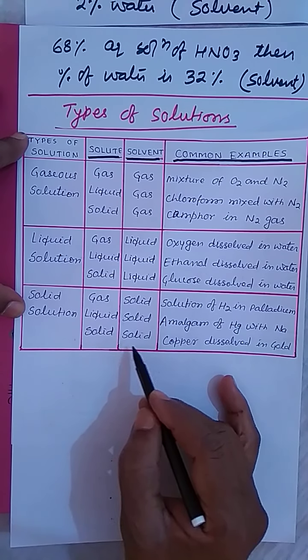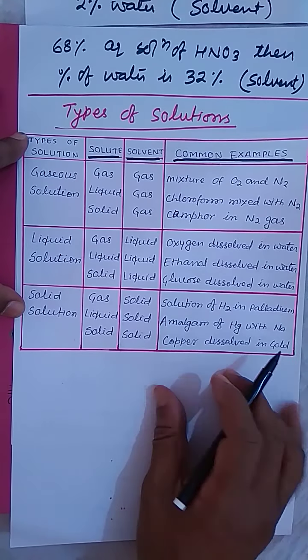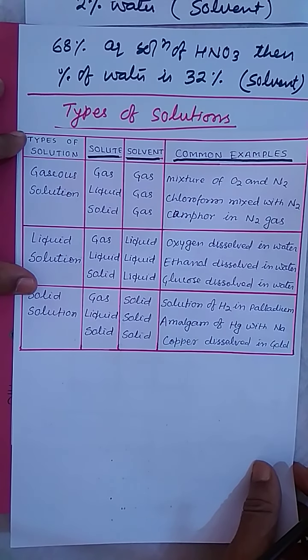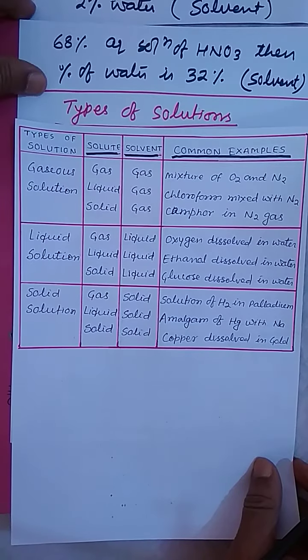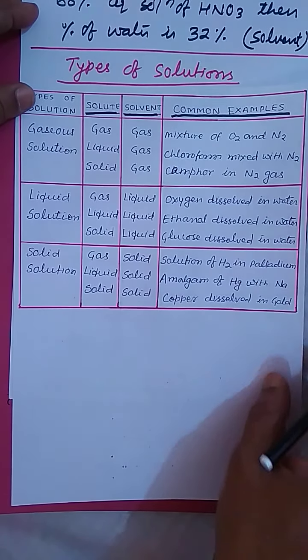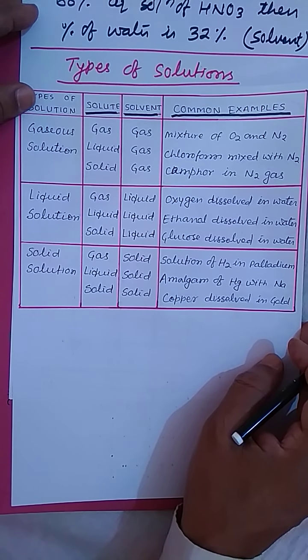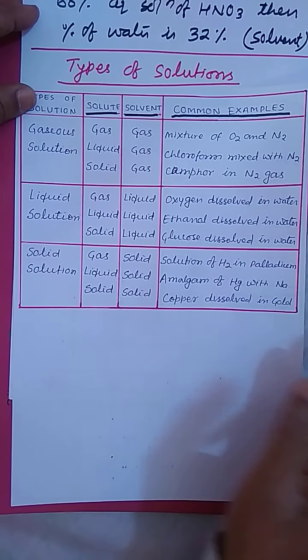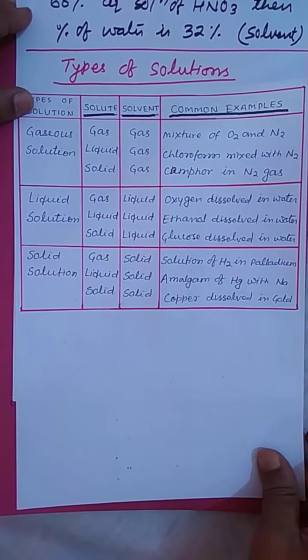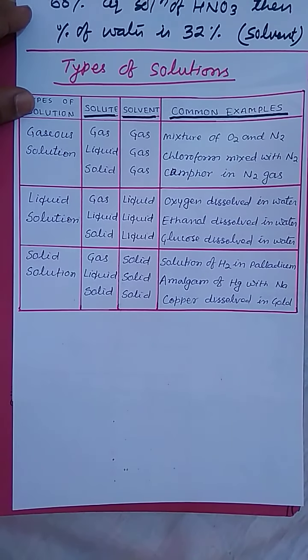And solid in solid, it's copper dissolved in gold. Actually ornament is made up of not only gold, some percentage of copper is added in that. Okay friends, so I think you learned the types of solution.